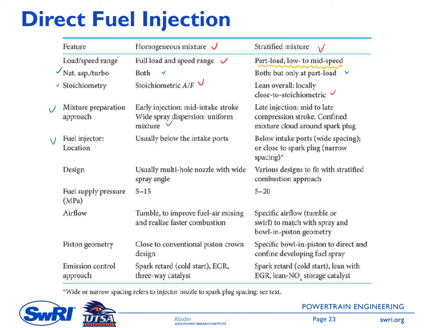And then for the stratified mixture, either we can have the injector location below the intake port, or close to the spark plug. For close to the spark plug, usually we have a narrow spacing. Narrow here means that we have a small distance between the spark plug and the injector.